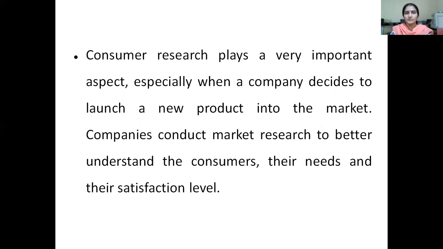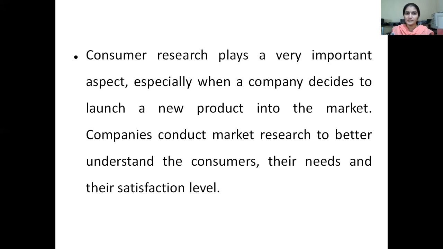Now, consumer research plays a very important role, especially when a company decides to launch a new product into the market. These companies conduct market research to better understand the consumers, their needs and their satisfaction level.